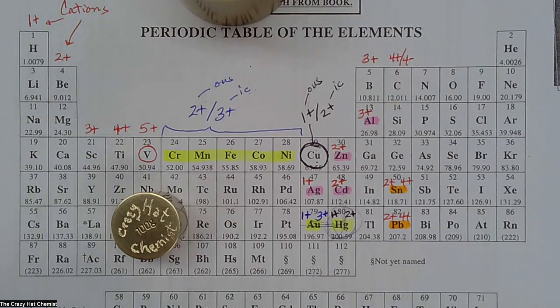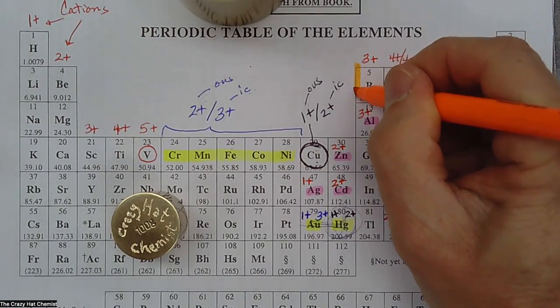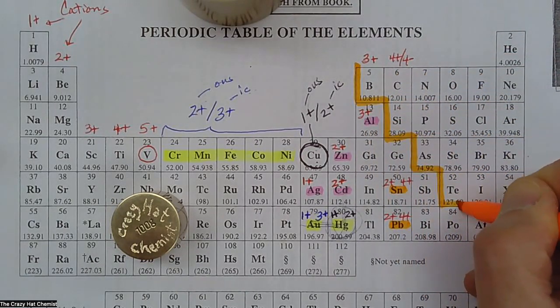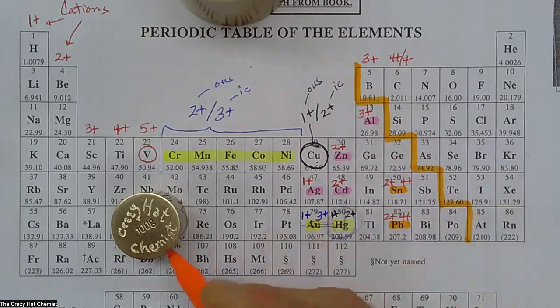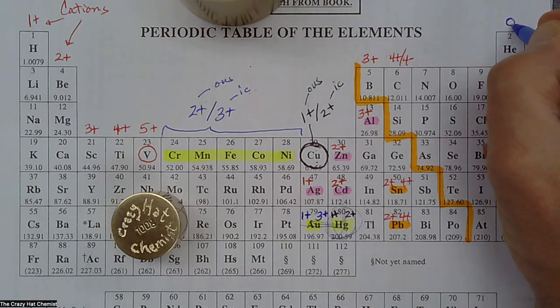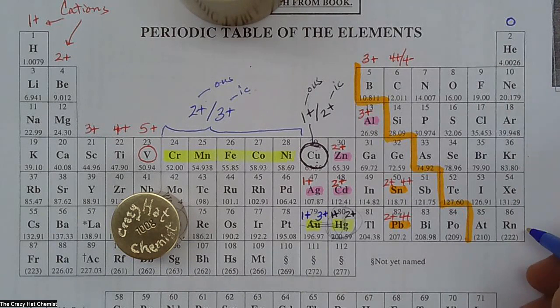Now, if you remember before, we talked about the dividing line between the metals and the non-metals, and that's most commonly this orange staircase line. To the left are the metals, to the right are the non-metals. Metals lose electrons and form cations, and nonmetals gain electrons and form anions. The noble gases are in this column, and they don't have a charge because they do not lose or gain electrons.